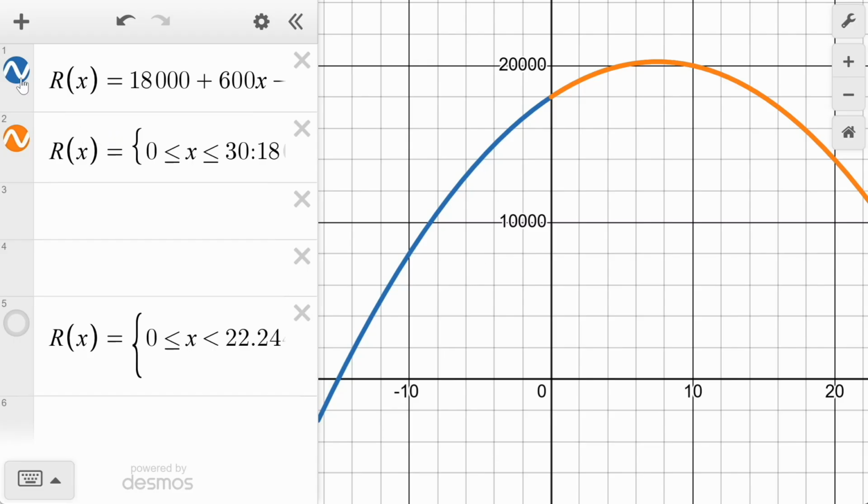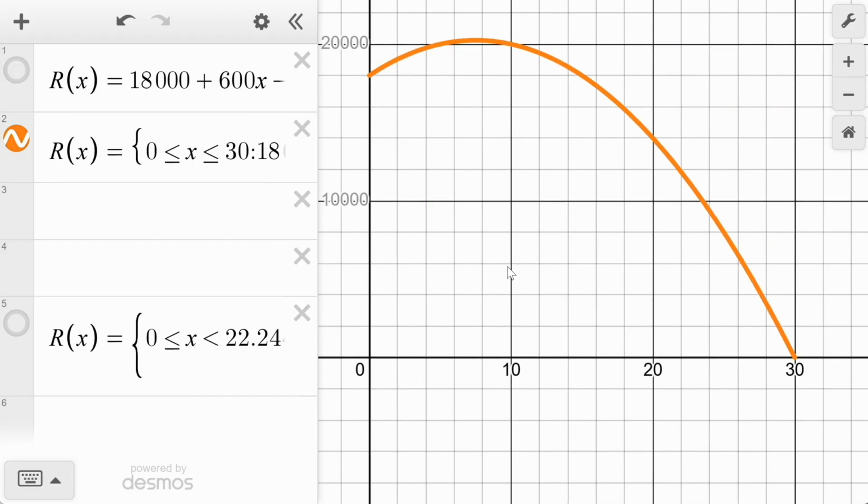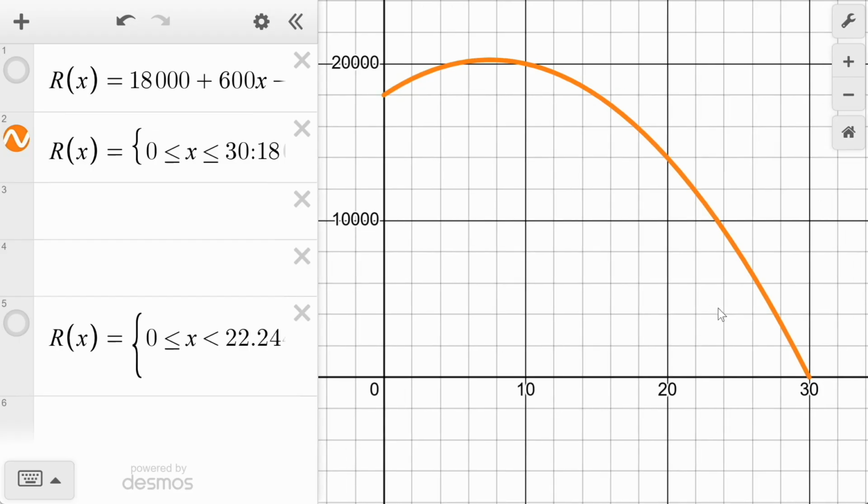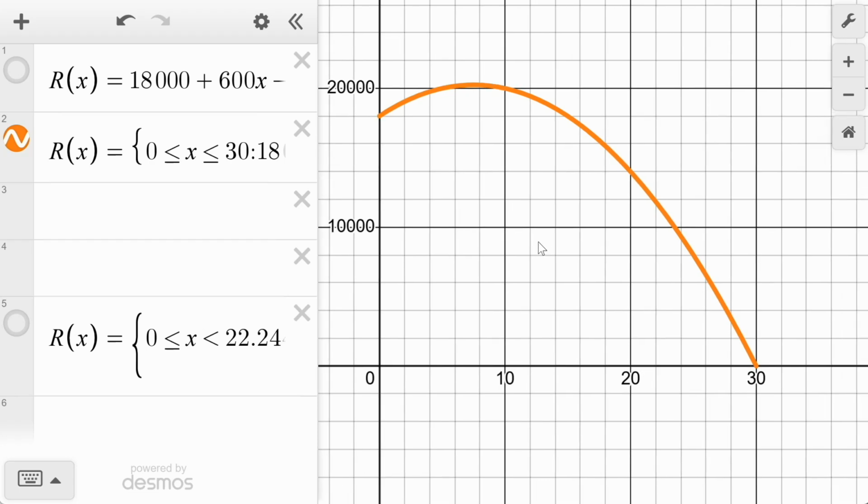Now you might say that with this model, at 30 price increases, so a ticket price of $90, there may still be people who are going to the show at that. So it's only as good as the model is, right? And this model we have is fairly simple, right? And realistically, maybe reality is a more complex thing. Maybe it doesn't go straight down to 0 here and suddenly there's no people buying tickets.